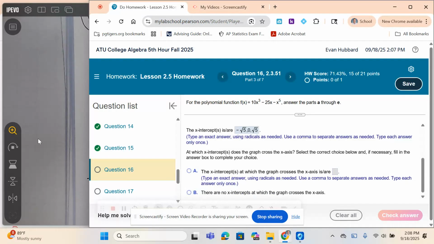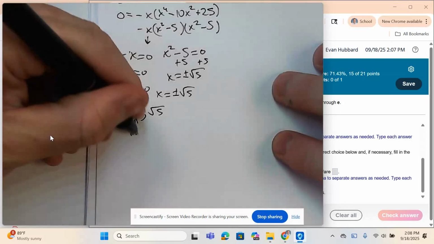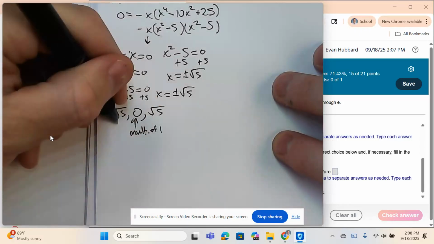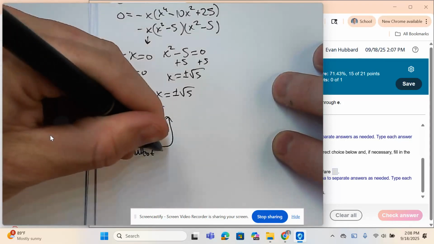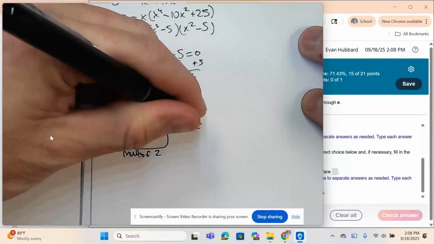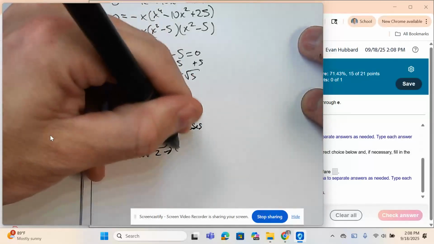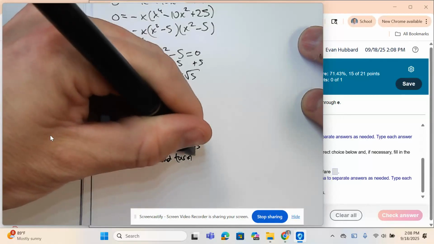All right, where does it cross it? Well, 0 has a multiplicity of 1. These two have a multiplicity of 2. And so if it's a multiplicity of 1, it crosses. If it's 2, it touches and turns around.